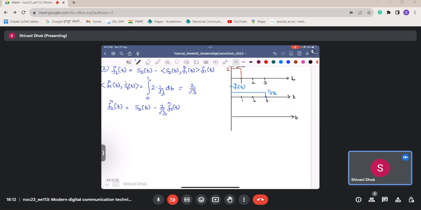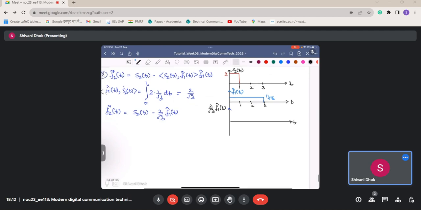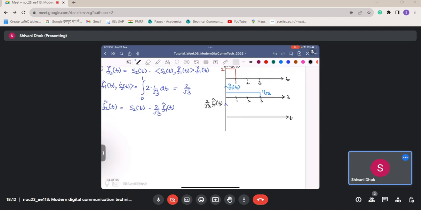So what we need to draw is 2 by root 3 into f1 hat of t. If I have 2 by root 3, every element will be multiplied by 2 by root 3. So this will be 2 by 3, like this. This is 2 by 3.